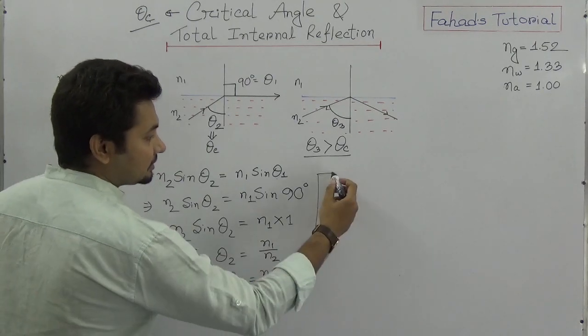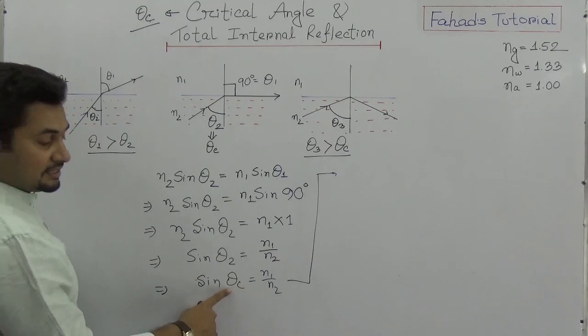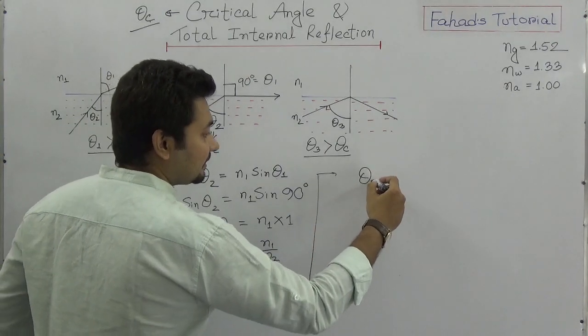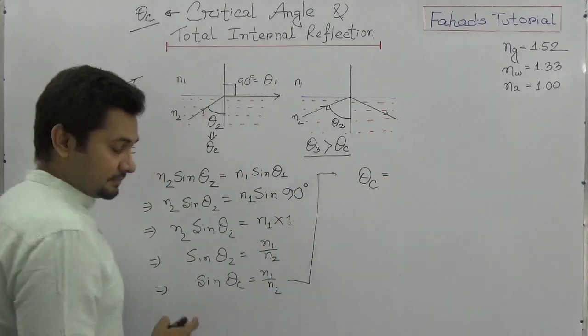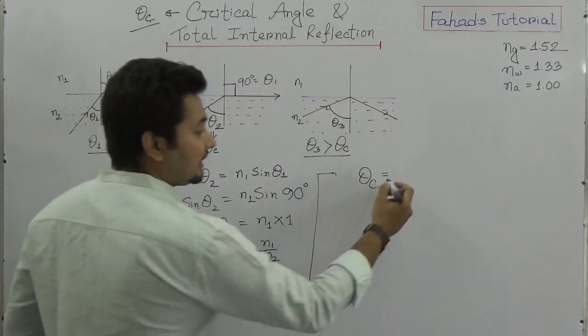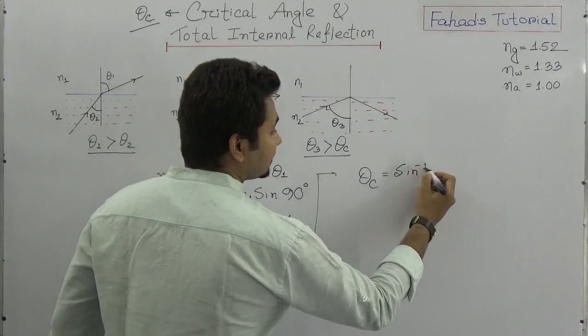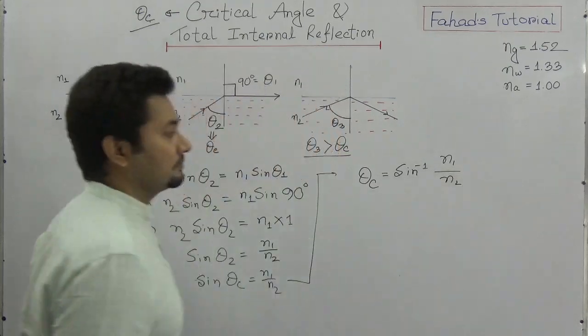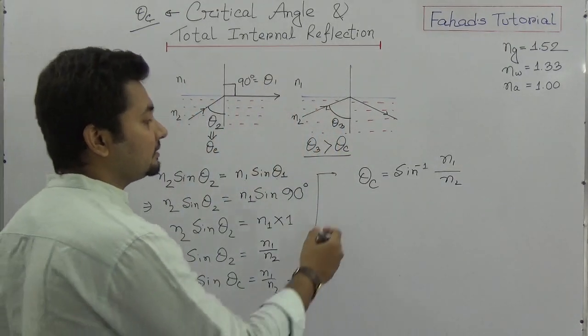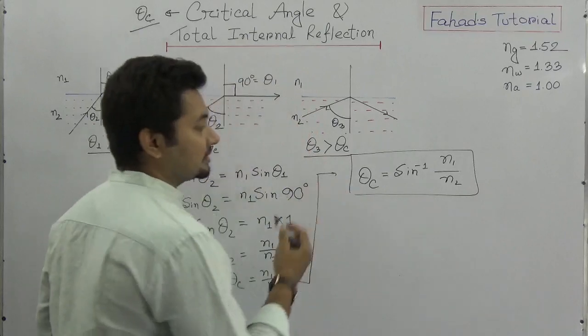So from that equation we can draw another beautiful equation: the critical angle is equal to sine inverse n1 by n2. Then we also can find the critical angle using this equation.